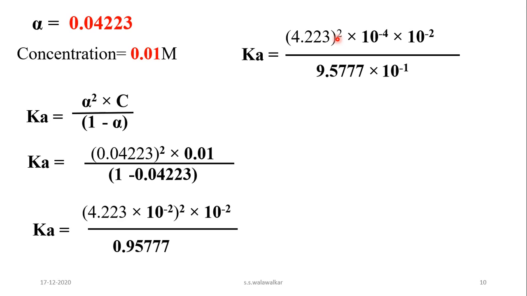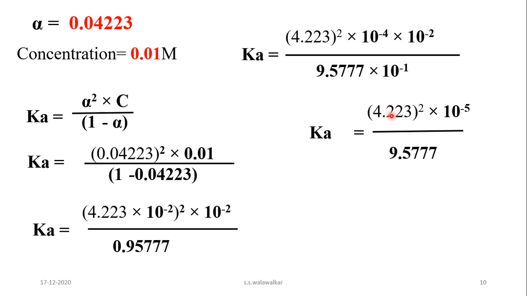So that is equal to 4.223 squared into 10 raised to minus 4 into 10 raised to minus 2 divided by 9.577 into 10 raised to minus 1. Therefore it is equal to 4.223 squared into 10 raised to minus 6 into 10 raised to 1, that is 10 raised to minus 5, divided by 9.577.